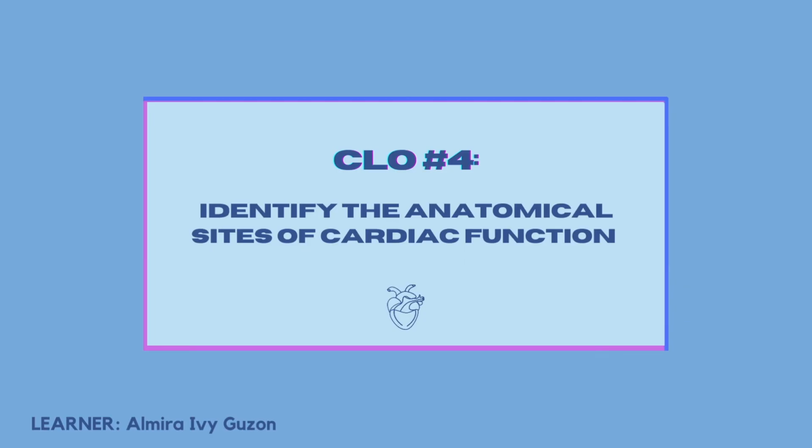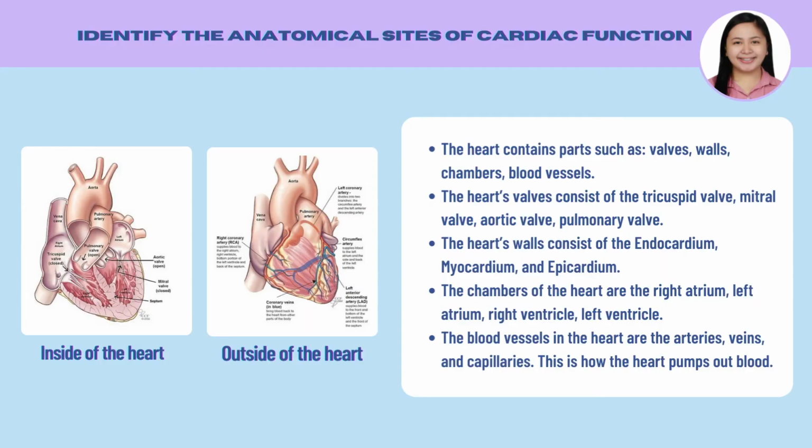CLO number 4. Identify the anatomical sites of cardiac function. The heart contains parts such as valves, walls, chambers, and blood vessels. The heart's valves consist of tricuspid valve, mitral valve, aortic valve, and pulmonary valve.